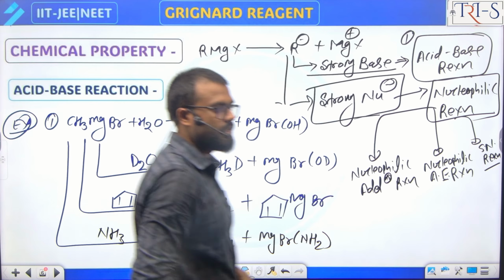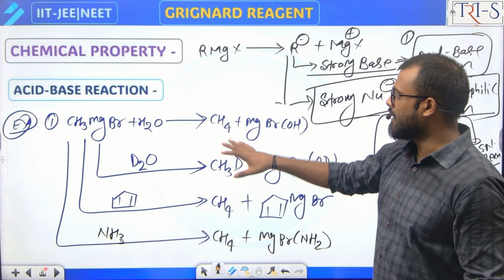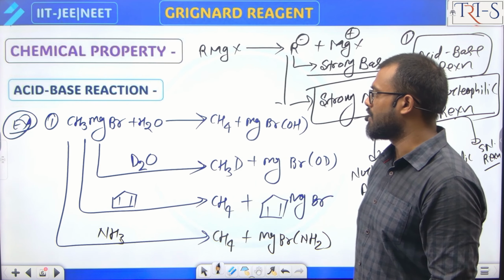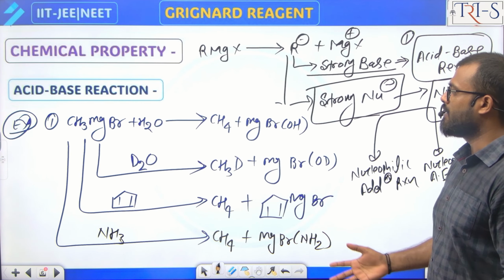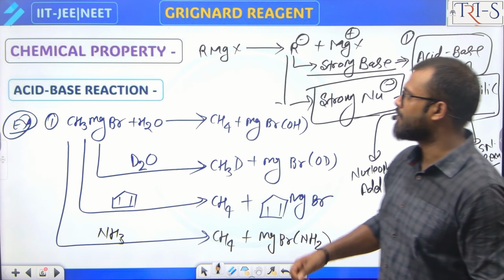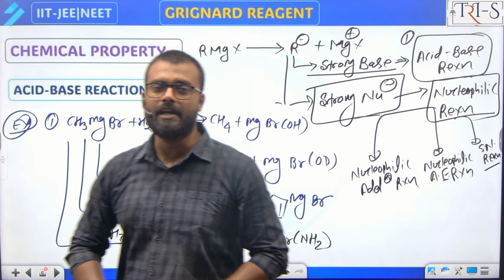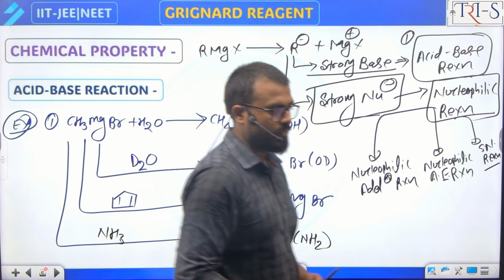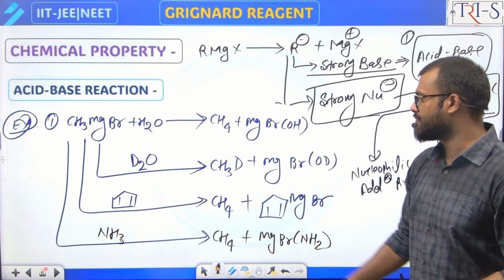So this reaction is generally regarded as an acid base reaction, and in many reactions the Grignard reagent can react with acid and will give the respective product. Okay.